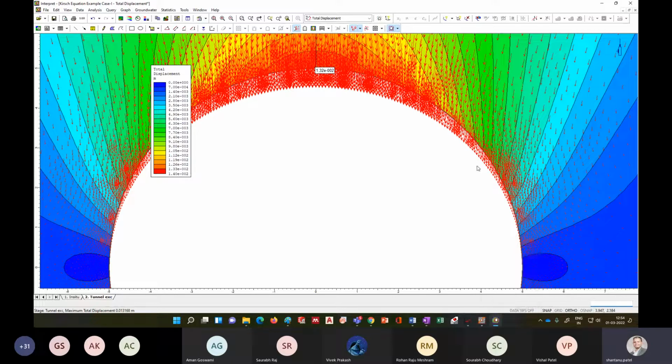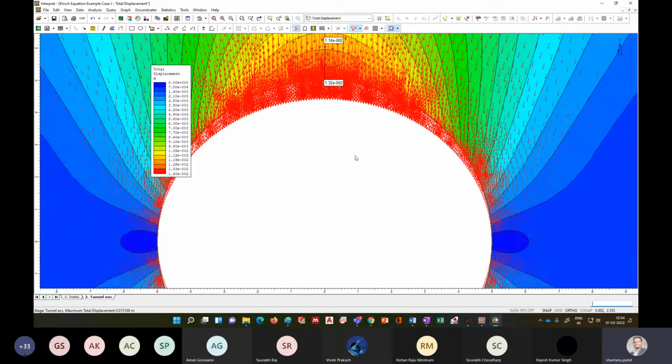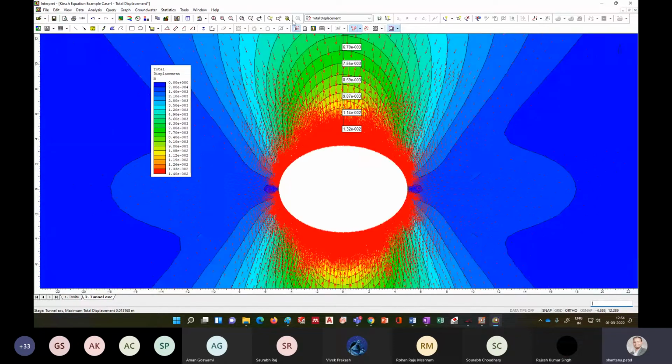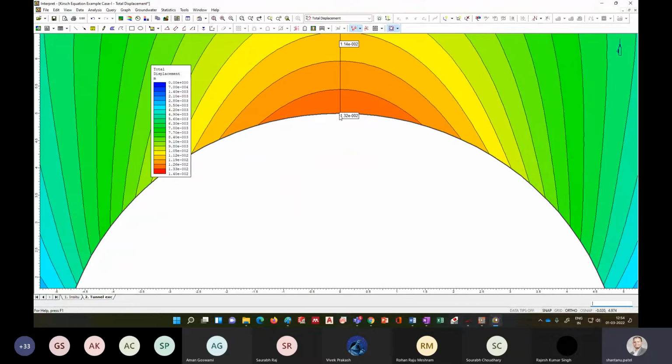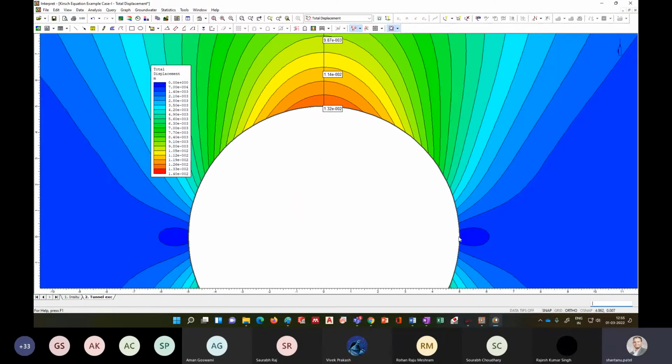Let's zoom out a little bit and take out this displacement. So we are looking at the stresses at this point and here, the middle point, right?